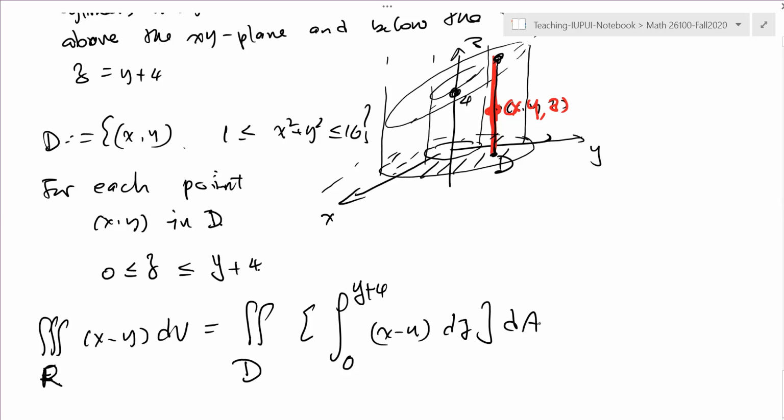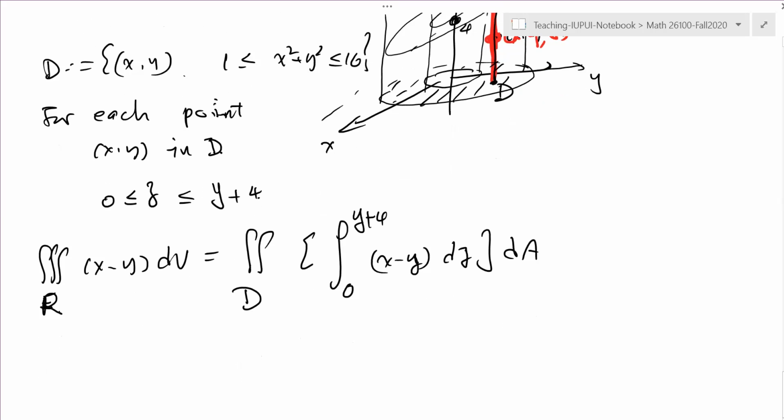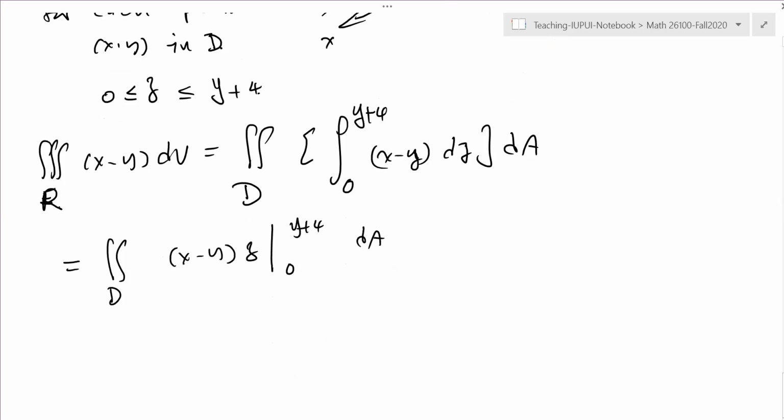First of all, you evaluate the single integral inside, and it's independent of z. So you will get x minus y evaluated at the two endpoints with respect to z.